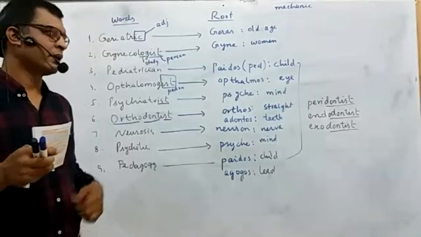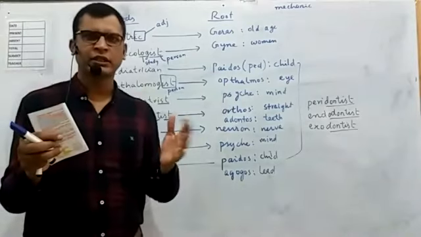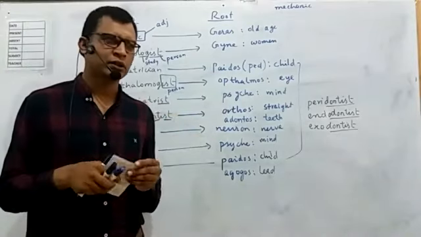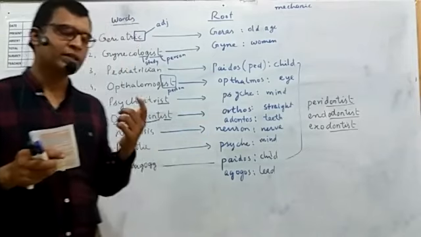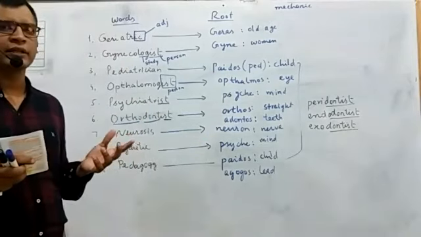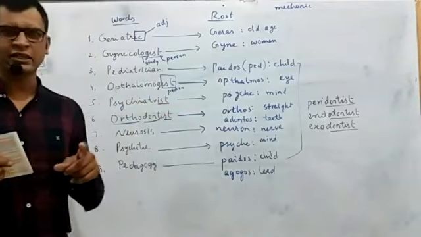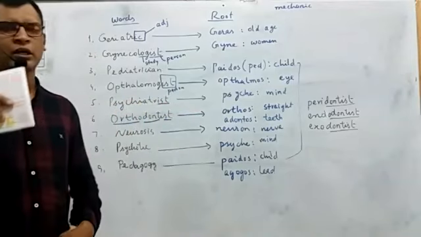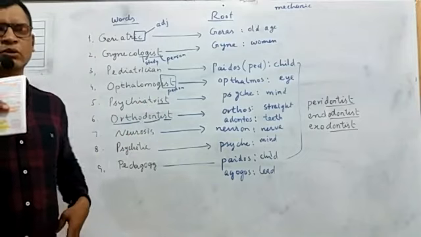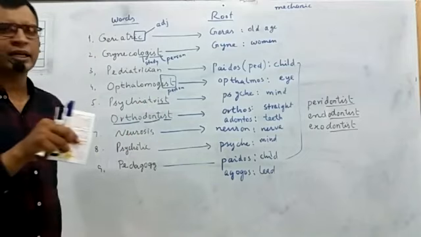The other three are not talking about teeth; they are talking about some other explanation. Now, instantly, you can guess that if dontist is with teeth, then the option which is talking about teeth will be the correct option.